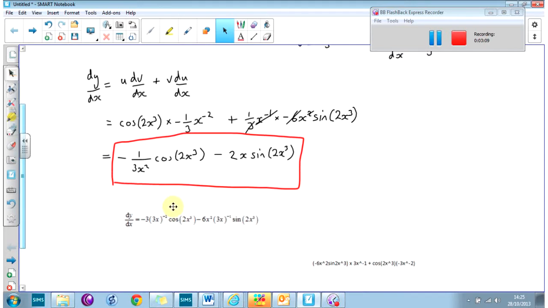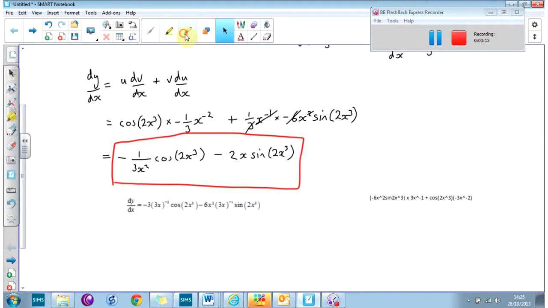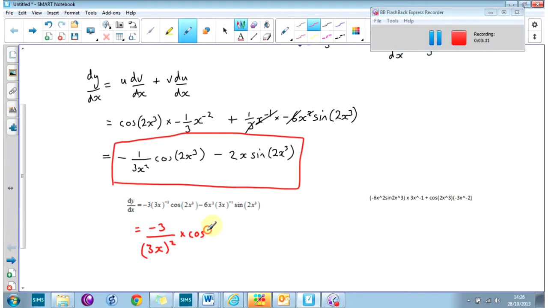So this is what the mark scheme says here. Let's see if it's equivalent. So what we've got here, we've got a minus 3, and that's over 3x to the minus 2, so 3x squared. So the minus takes it down. Notice it's applying to the whole of the brackets, times cos 2x cubed.